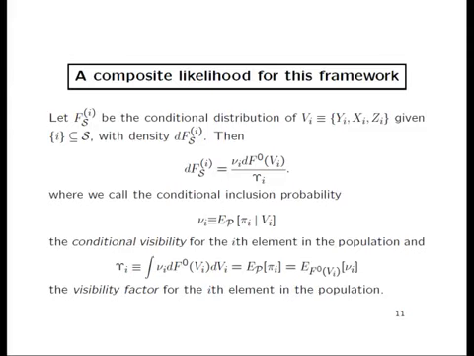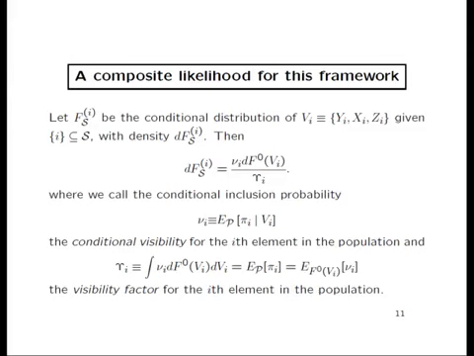So this is a conditional distribution in the sample of the variables of interest. We then just use Bayes' theorem. It's a simple use of Bayes' theorem to show that the density in the sample is related to the density in the population of interest, f naught, which is unknown, through this relationship here.